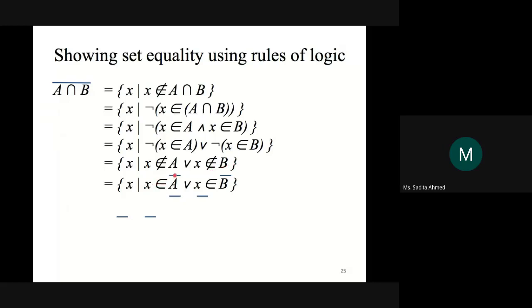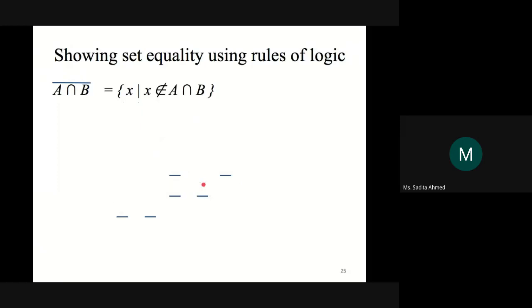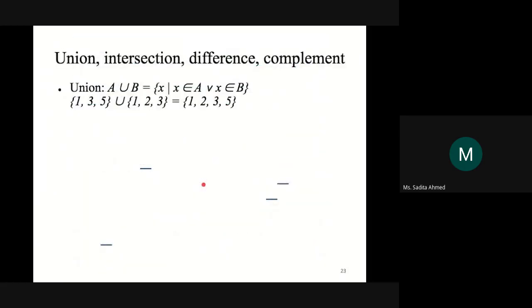Now, what do we have? X belongs to A bar or X belongs to B bar. Again, let's go back to the definitions. In terms of union, the union of two sets gives us a set whose elements belong to one set or the other, all right?